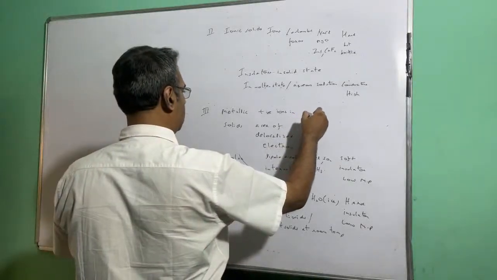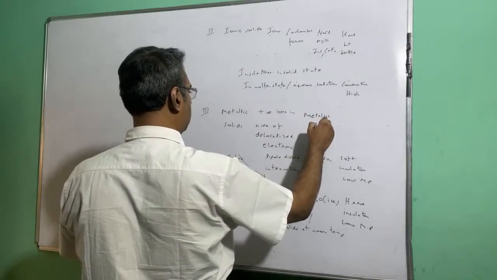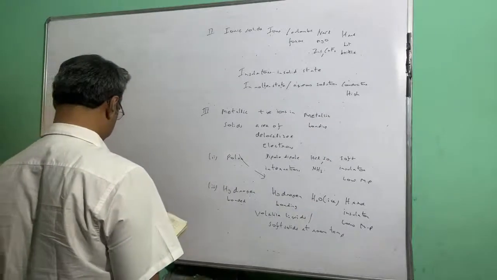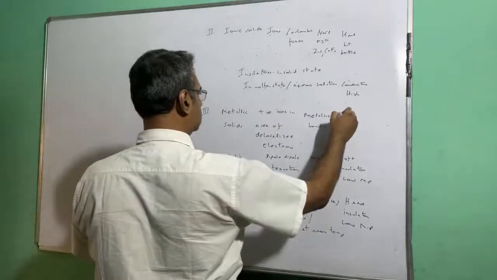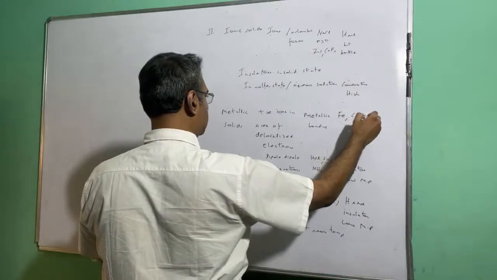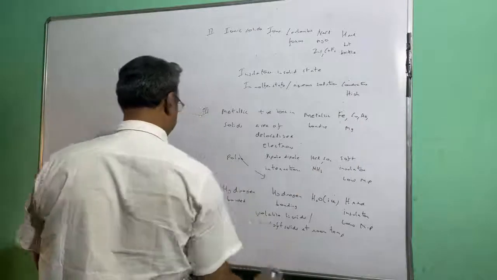And what is the kind of bonding? It is metallic bonding. So examples are Fe, Cu, Ag and Mg.